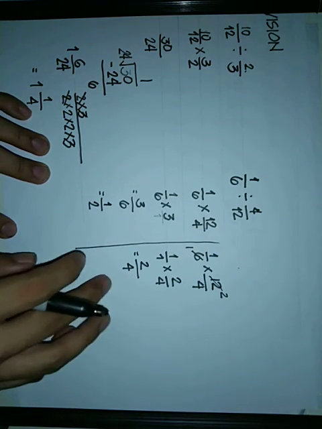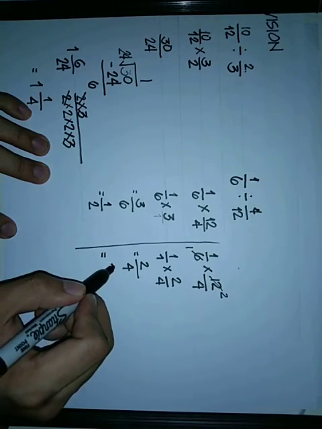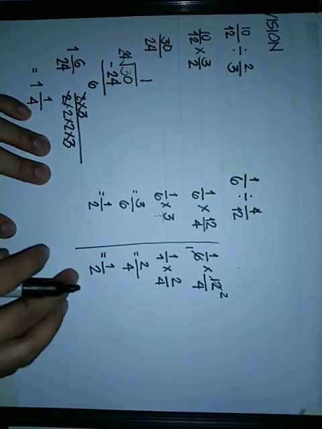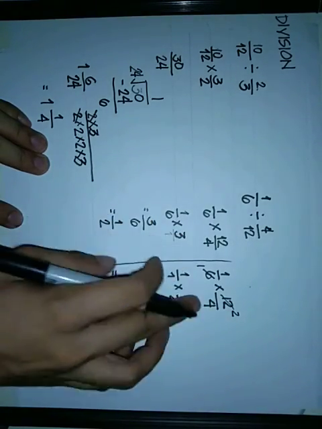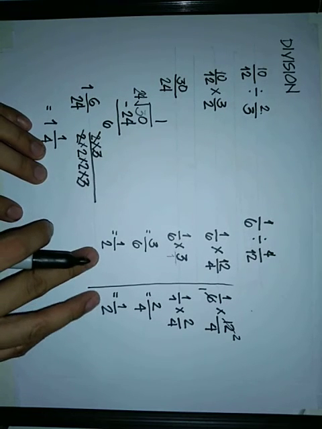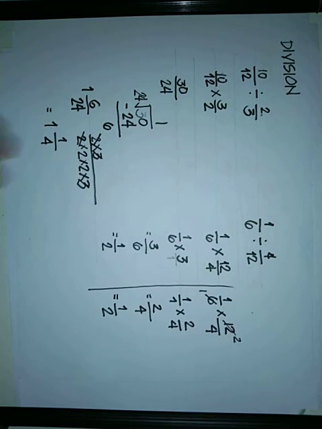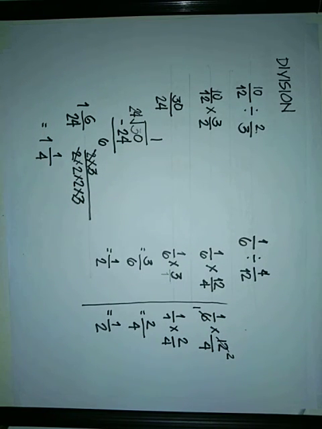Or simplifying it, meron tayong 1/2. And as you can see, whatever method yung gamitin natin dito, we will arrive at the same answer, which is 1/2. So that is how you do division and multiplication of dissimilar fraction.